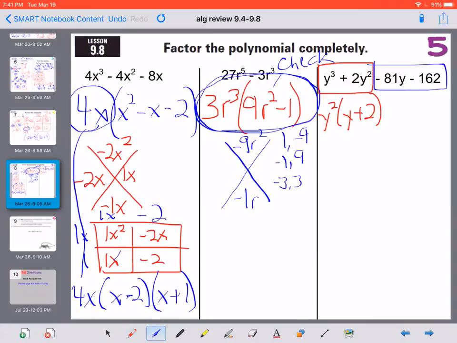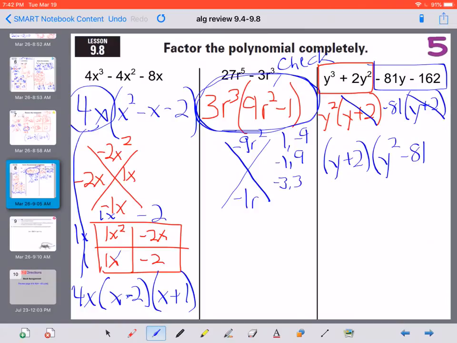In the next group, looks like I can take out a negative 81, and I'm left with y plus 2. So now what I see I have in common is y plus 2 and y plus 2. So I'm going to write that here. Once I do that, I'm going to cross those off just so I can see what I have left. And I have y squared minus 81.